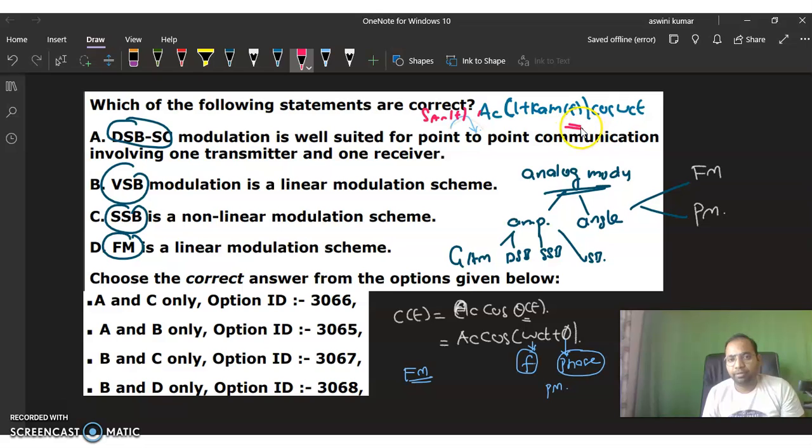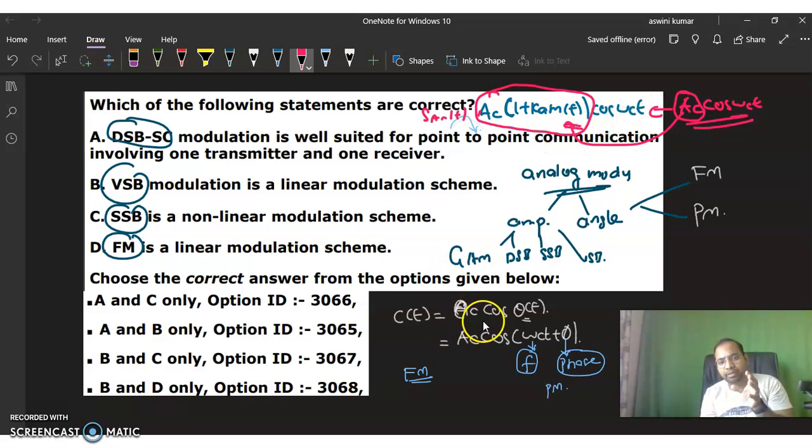Before modulation, the carrier signal can be expressed as Ac cos omega ct, and after modulation it converts into this. Before modulation, the amplitude of the carrier signal is Ac. After modulation, the amplitude is Ac into 1 plus Ka m of t. That means a variation of the amplitude with respect to the message signal m of t. So here the amplitudes are changing.